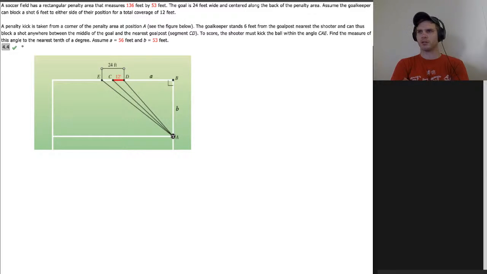Okay. Assume the goalkeeper can block a shot 6 feet to either side of their position, for total coverage of 12 feet.